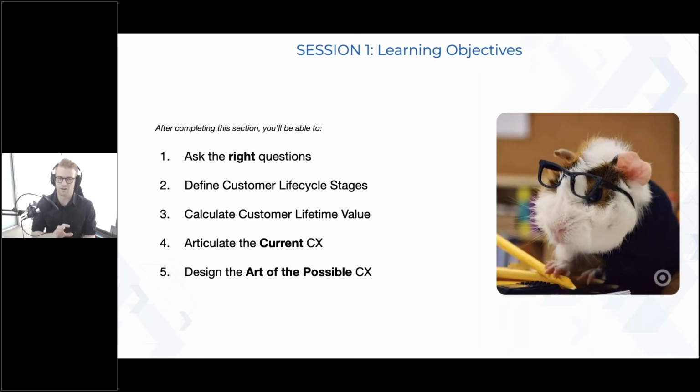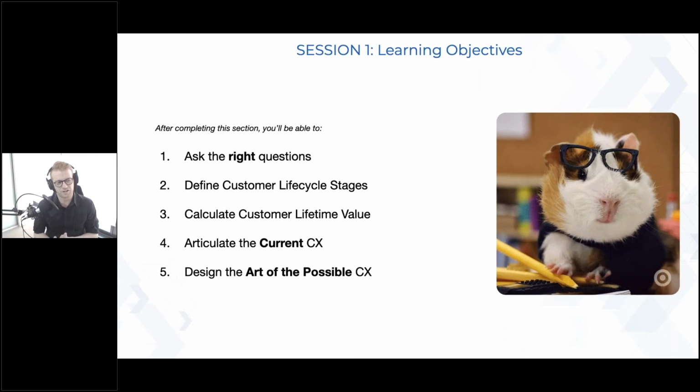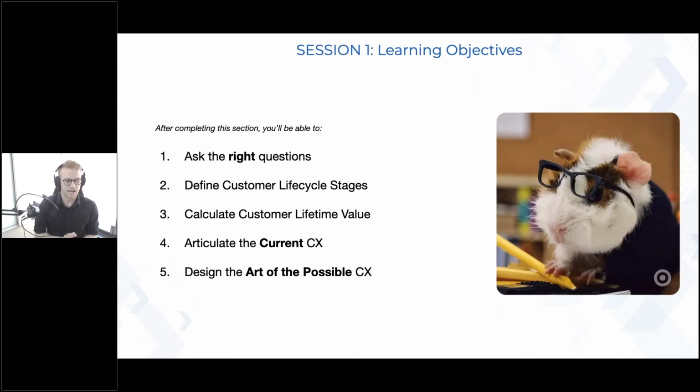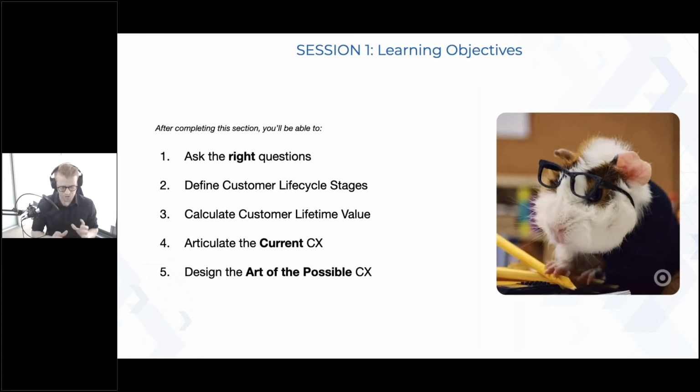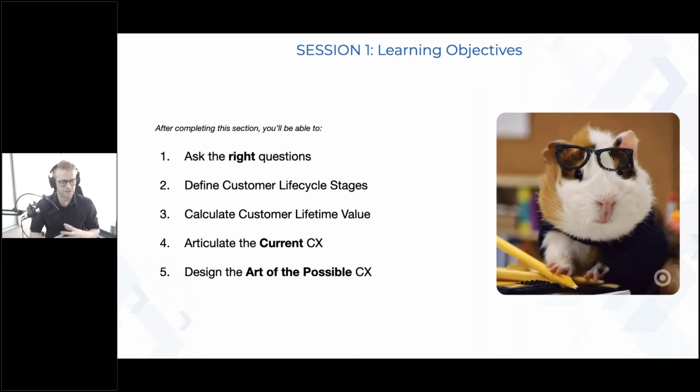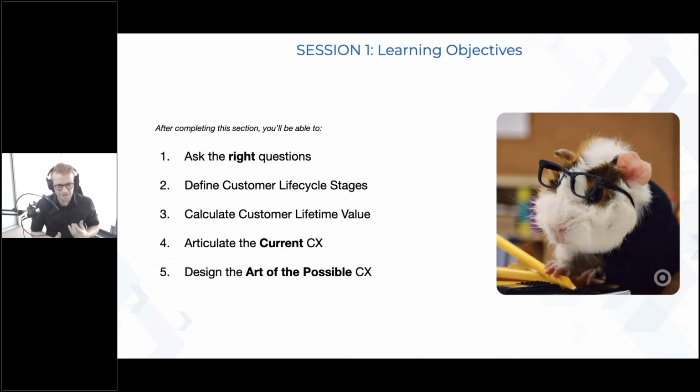We'll break down what customer lifetime value is and how to calculate it. Then we'll articulate the current state customer experience, and design the art of the possible customer experience. So it's quite a lot to fit in. This is really the nuts and bolts of the customer experience, which is really great.